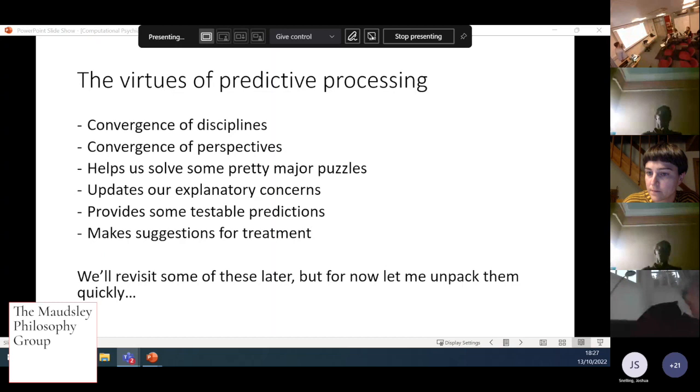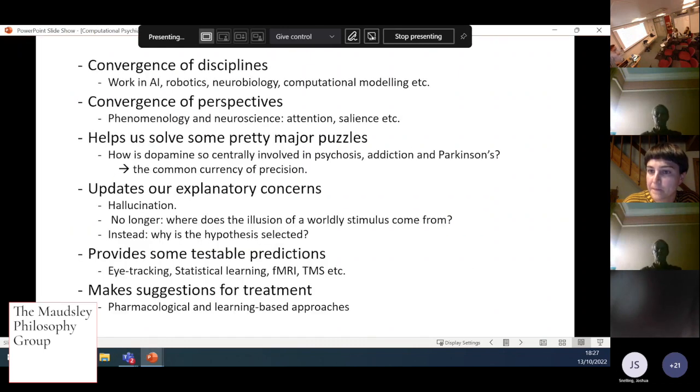Great, yeah, so it updates explanatory concerns, it provides testable predictions, it makes suggestions for treatment. Some of these will crop up later, but I'm sort of front-loading here. Just to unpack these, you've got a convergence of work in AI, robotics, neurobiology, computational modeling, computational linguistics.